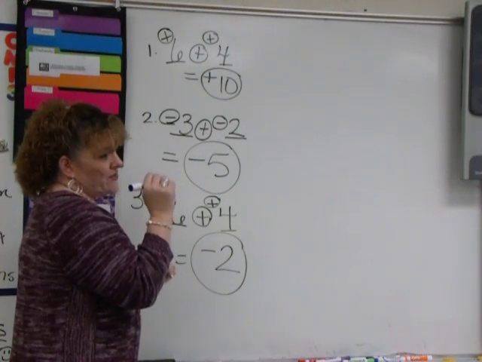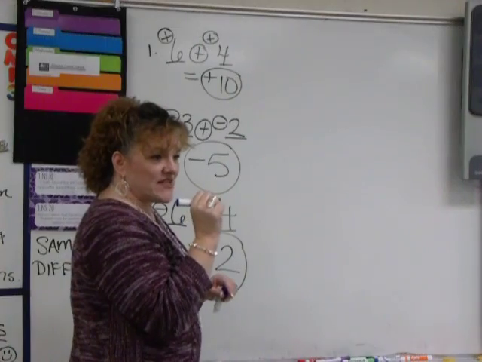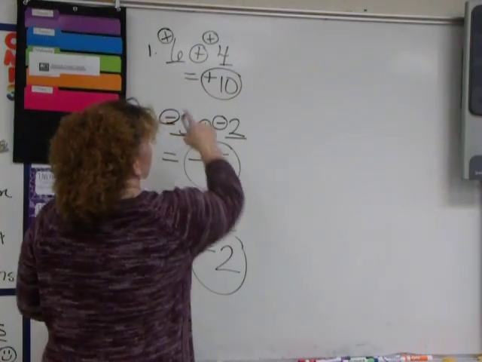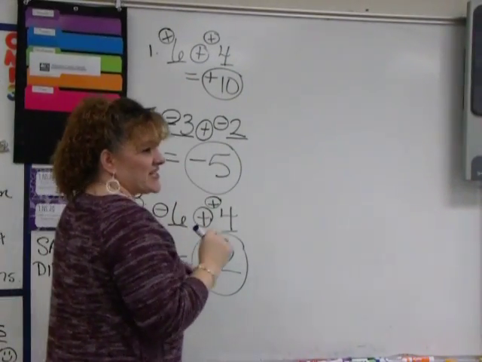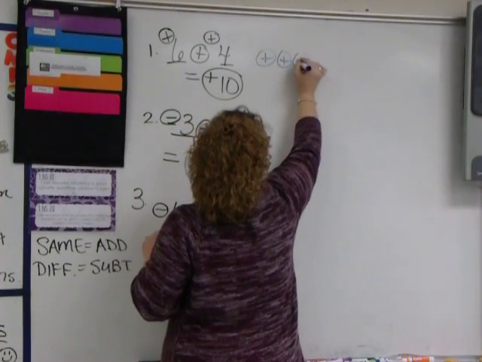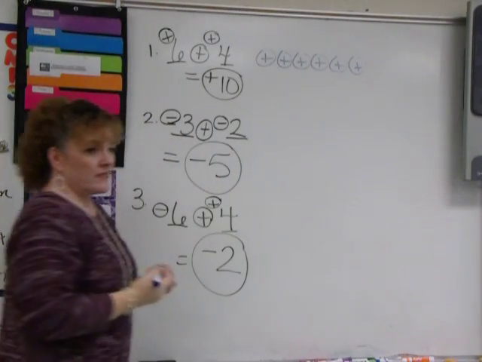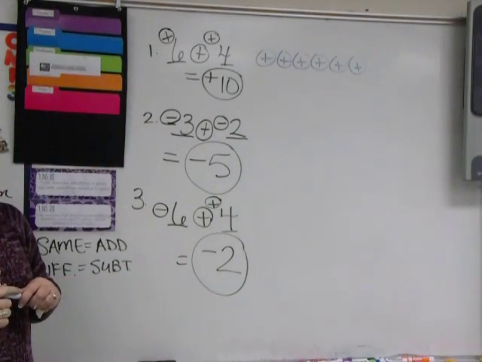We're going to use circles with pluses in them for positive chips, circles with negatives in them for negative chips. So if it says I start with 6 positive chips, then you're going to draw 6 positive chips. That's your first one.